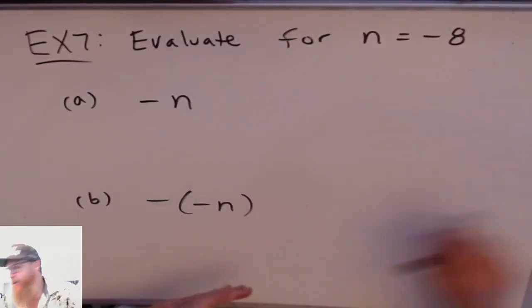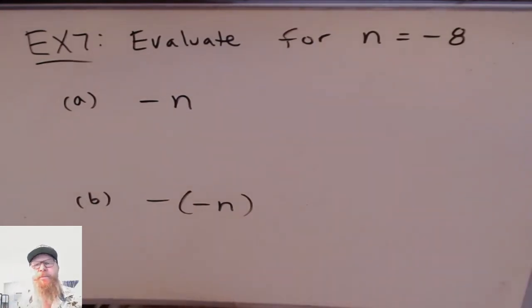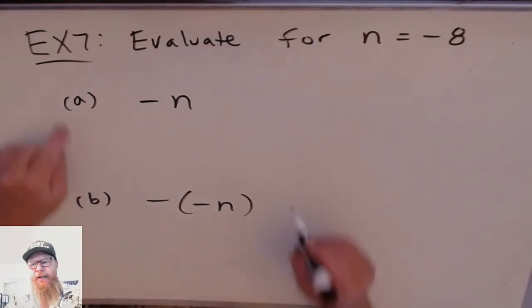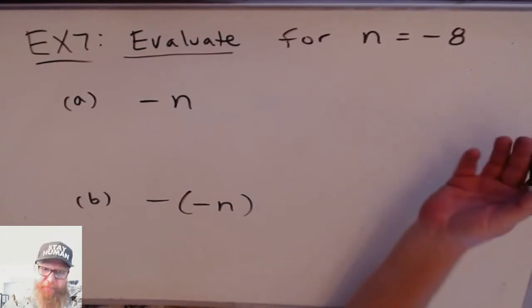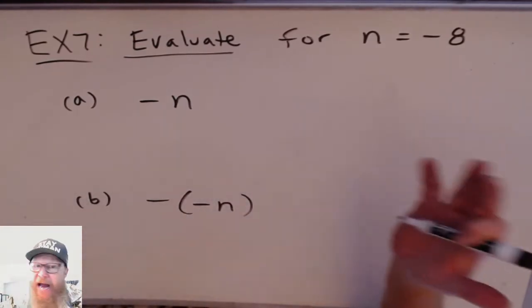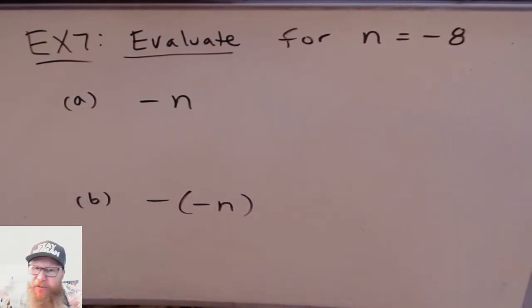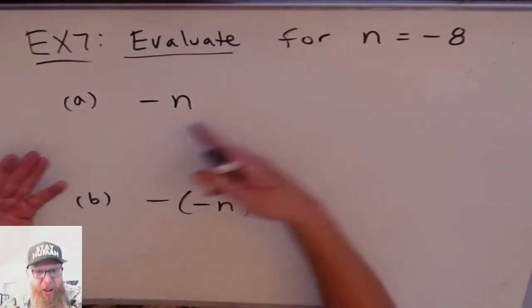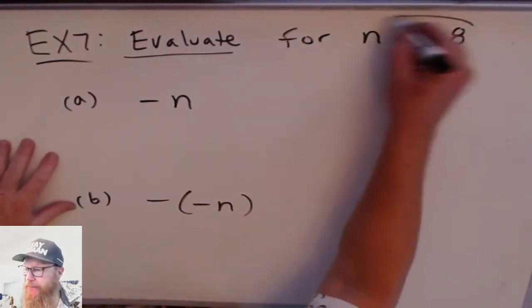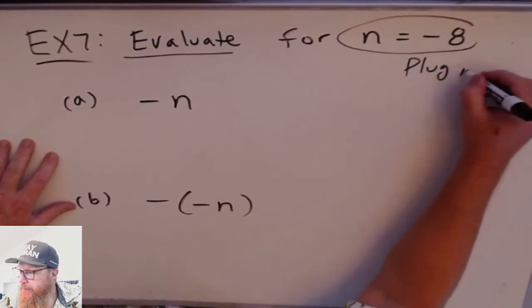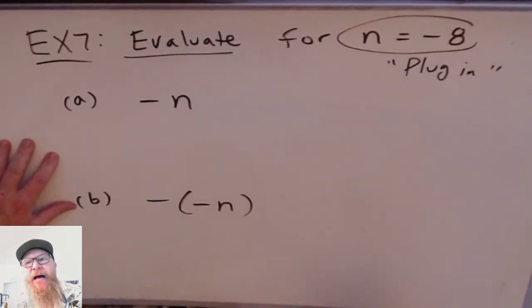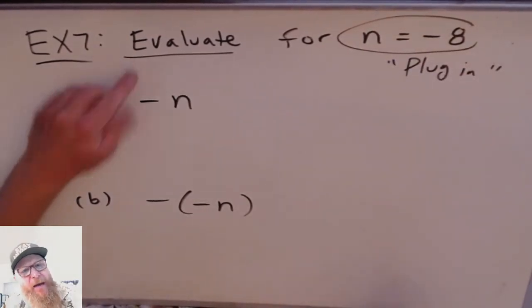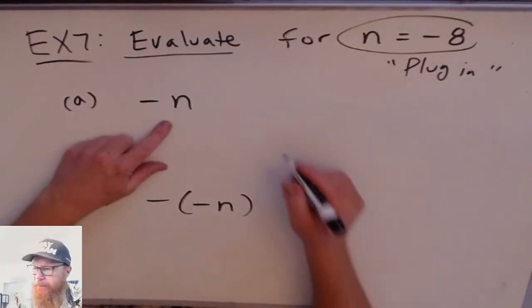For this one, I'm just going to do 2 parts. So again, evaluate means simplify, or it means find the value, or if you like to use just everyday language, it means plug in. Although plug in is not really a mathematical term. The mathematical term is evaluate.